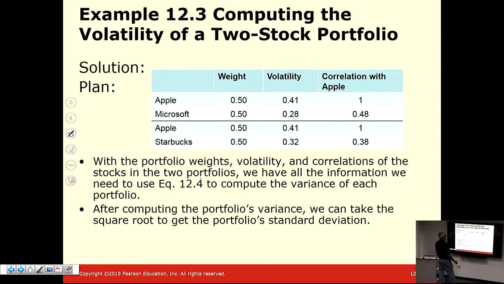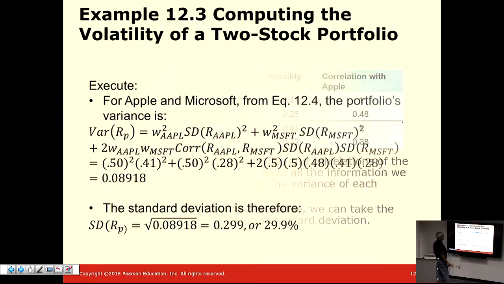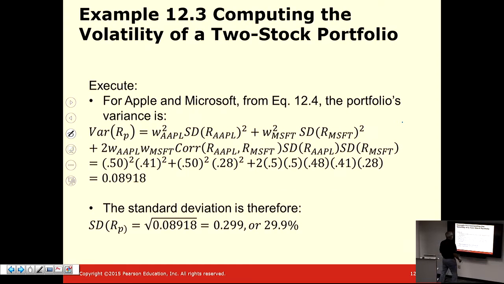So here we have a portfolio made up of Apple and Microsoft. So this is weight of 1, weight of 2, sigma 1, sigma 2, and this would be correlation 1, 2 between Apple and Microsoft. Correlation of Microsoft with Apple. So what would be the risk of this portfolio, made up of half of Apple and half of Microsoft?